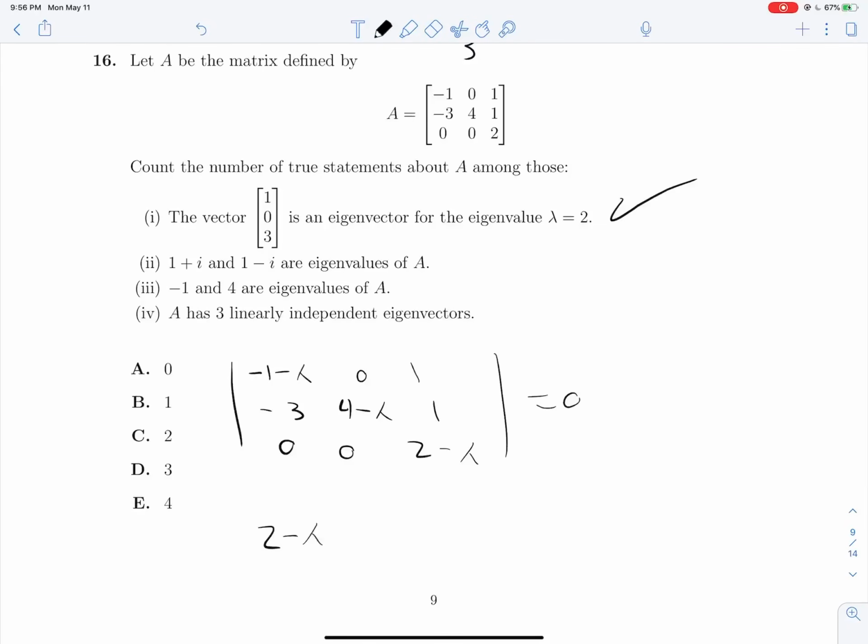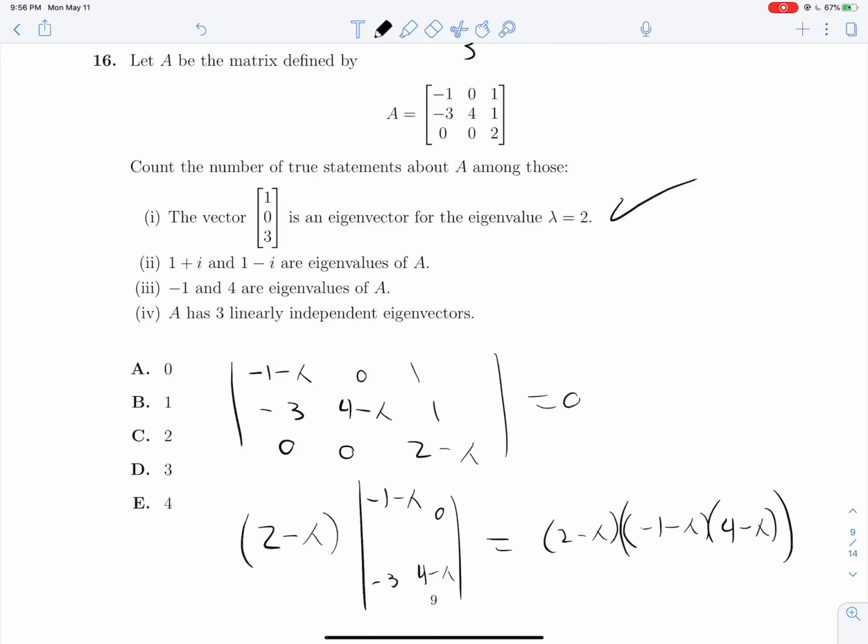So 2 minus lambda multiplied by this 2 by 2 determinant, negative 1 minus lambda times 4 minus lambda, negative 3, 0. This gives us 2 minus lambda times negative 1 minus lambda times 4 minus lambda is equal to 0.